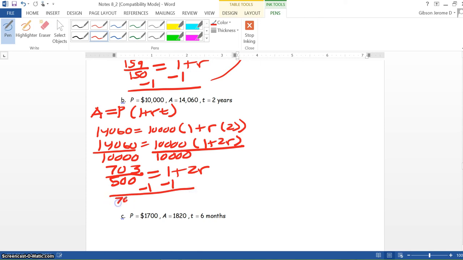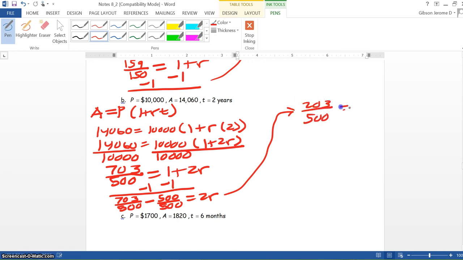So this will give us 703 over 500 minus this 1, we will make 500 over 500, and then that will equal to 2R. Now we're going to go up here because of lack of space. 703 minus 500 is 203 over 500, and that equals 2R.